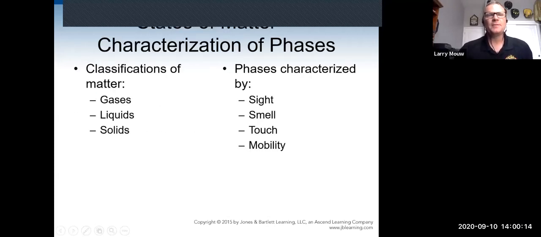So we talk about states of matter. There are 3 phases or states of matter, and they are gases, liquids, and solids. These phases can all be characterized by things such as sight, smell, touch, and mobility.